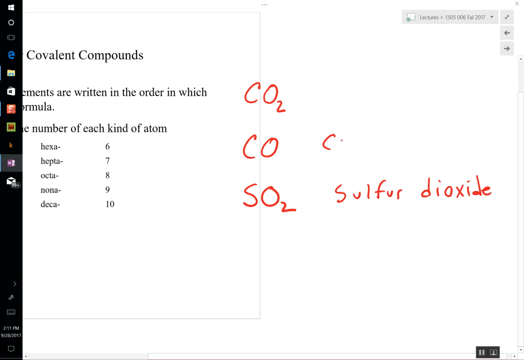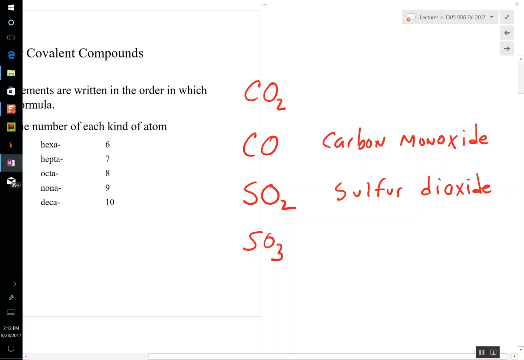Well, this one proves a little point. We don't say monooxide, it's monoxide. If there's two vowels next to each other, generally, not always, generally we drop one of them.